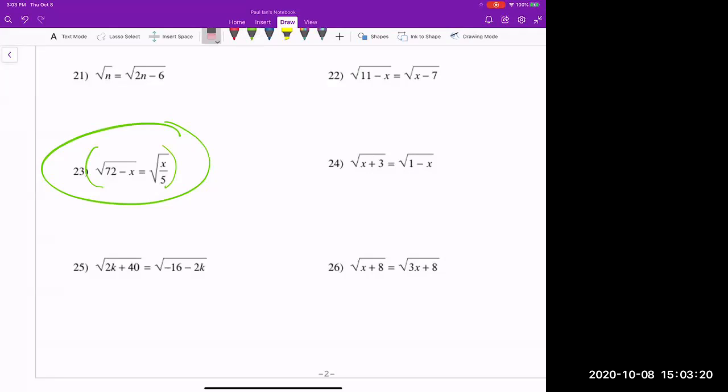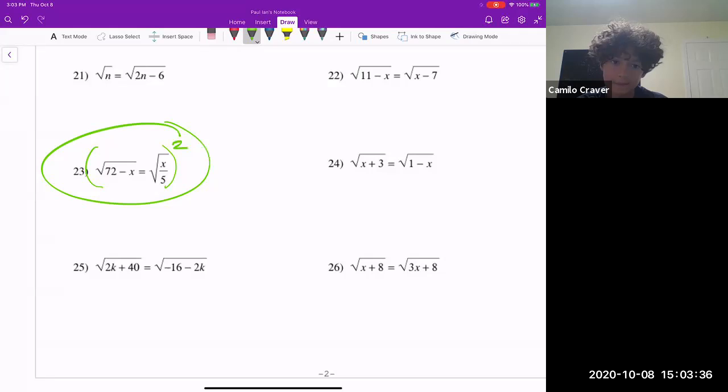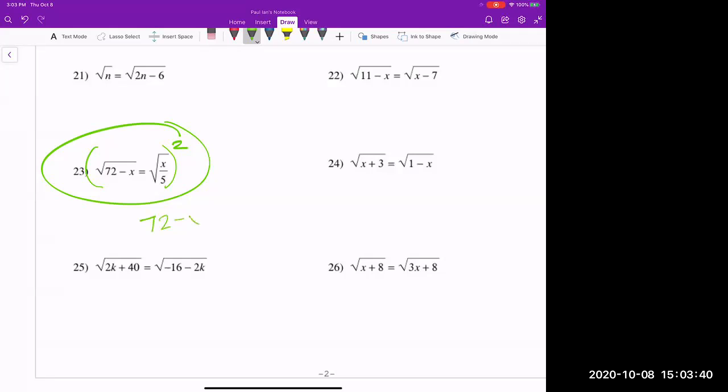When I look at this, you know how when you have the same thing on both sides, left-hand and right-hand side, you have both of them happening at the same time. You can just take them out in essence, or squaring it, right? Yeah. So when you square it, you just essentially take out the radical. So it's like this. So what's next?